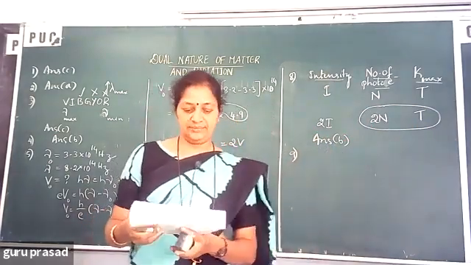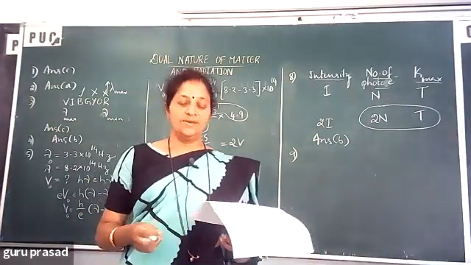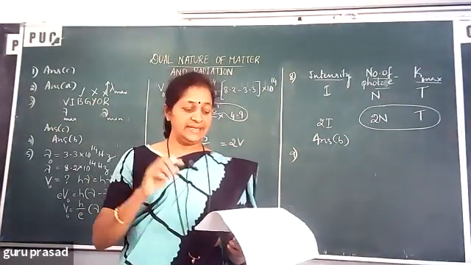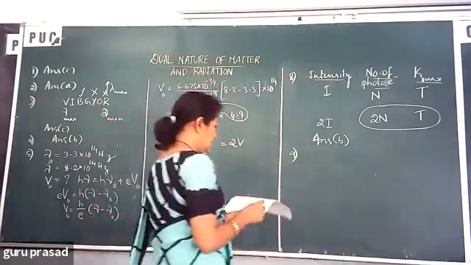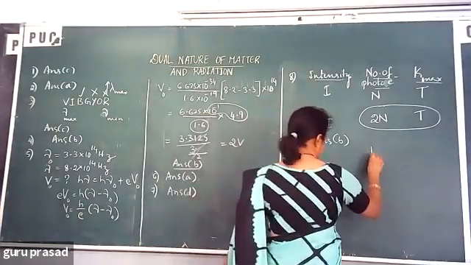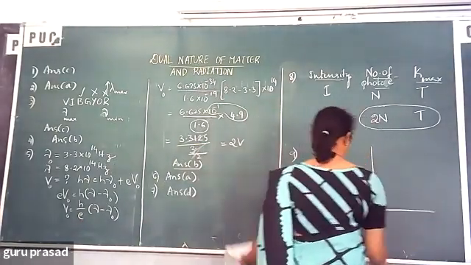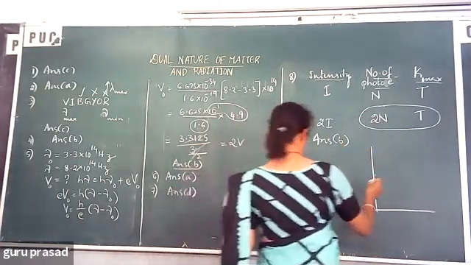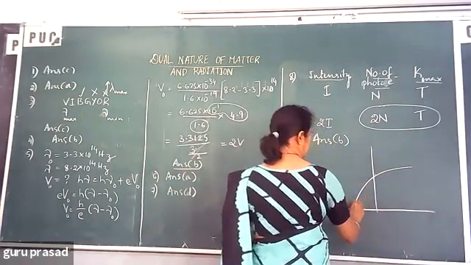Next, ninth one. There is a graph shown here. You have to identify which is the correct statement. I will draw the graph here. I already explained during synopsis what these graphs indicate. I'll redraw once again here for this problem.